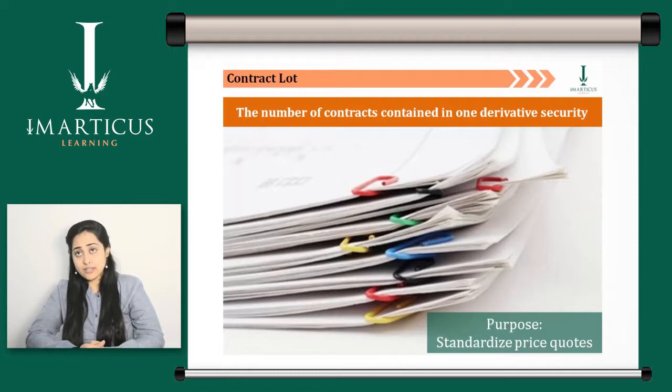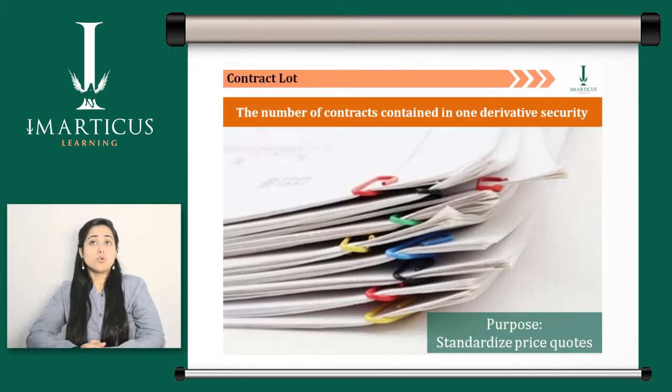With such standardization, investors always know exactly how many units they are buying with each contract and can easily assess what price per unit they are paying. Without such standardization, valuing and trading options would be needlessly cumbersome and time-consuming.